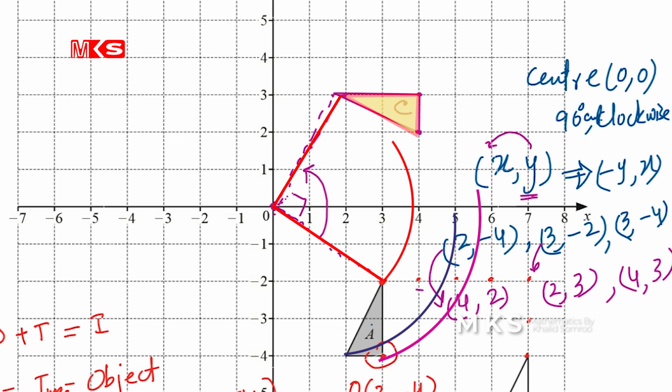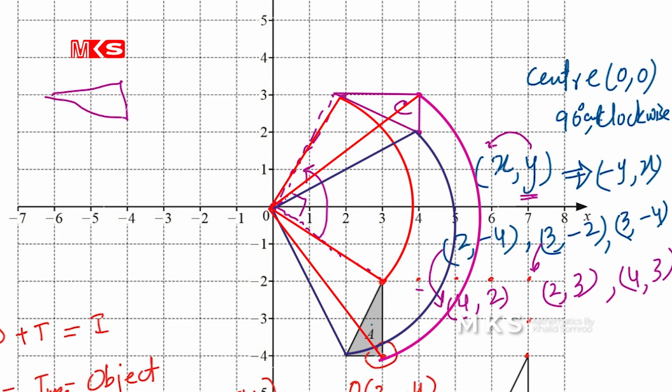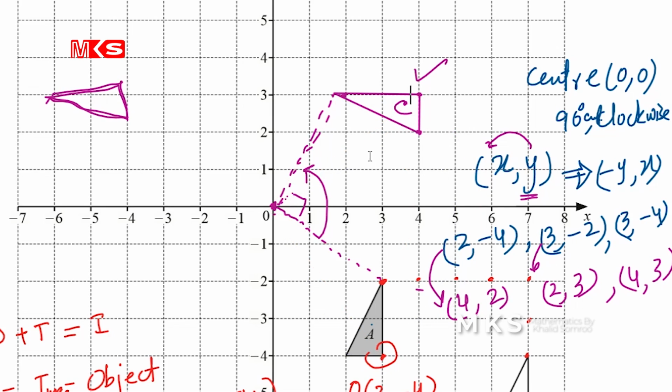We know the diagram will be this shape, so we can trace this one. This is the special case, so you can directly do this one. If A is rotated 90 anti-clockwise, the horizontal lines will become vertical and vertical will become horizontal. This is an isometric transformation, meaning object and image are congruent. The turning of 90 anti-clockwise will give us a triangle like this.